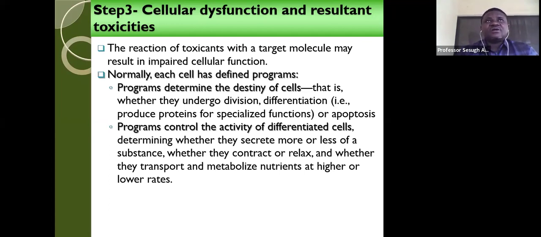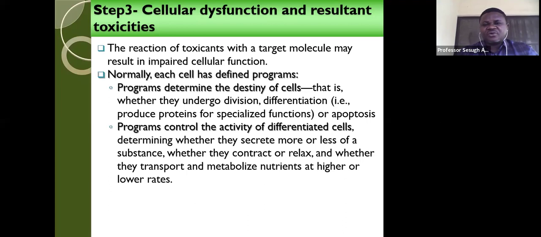It will cause cellular dysfunction and the respective toxicities. They manifest in different ways, right? So the reaction of toxicants with the target molecule may result in impaired cellular function.